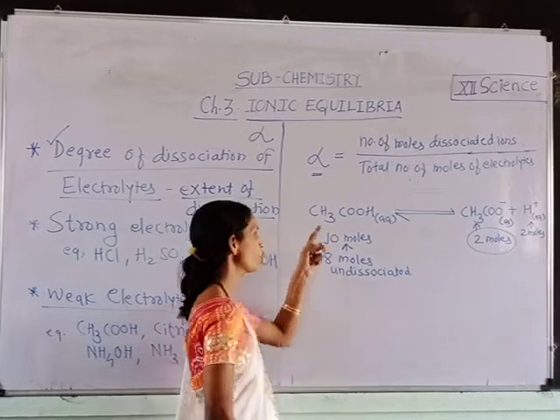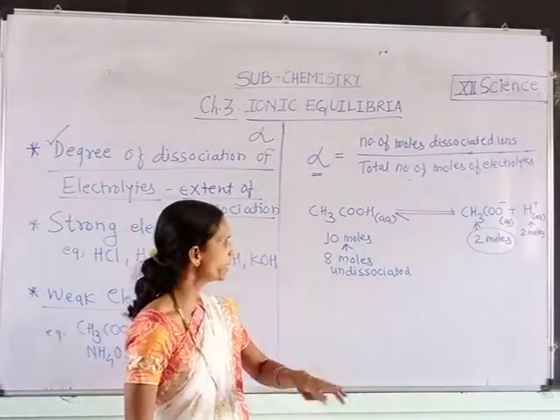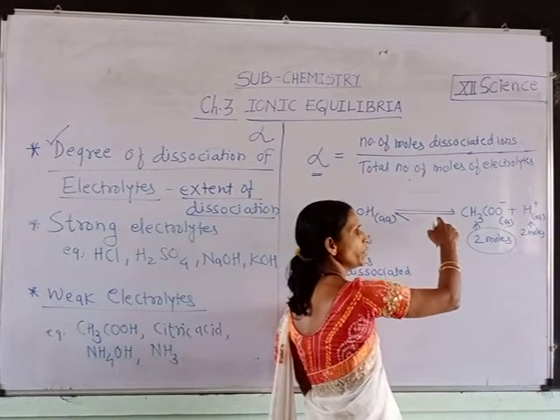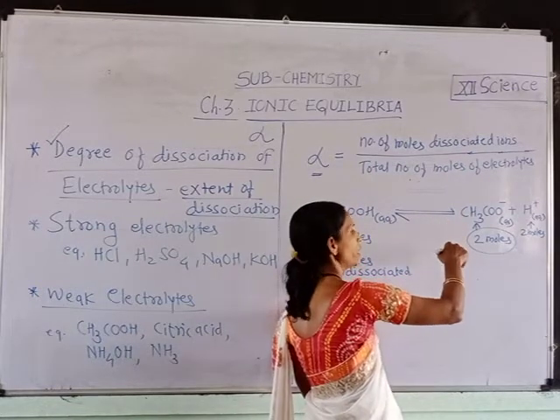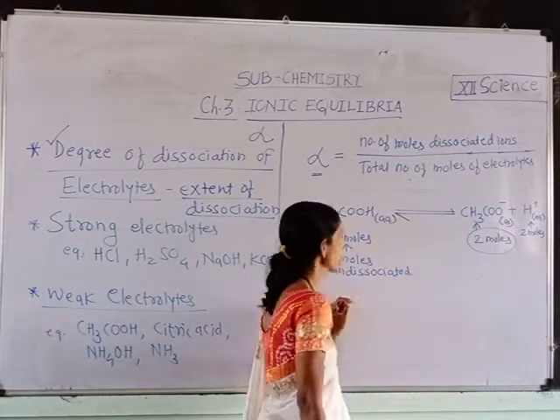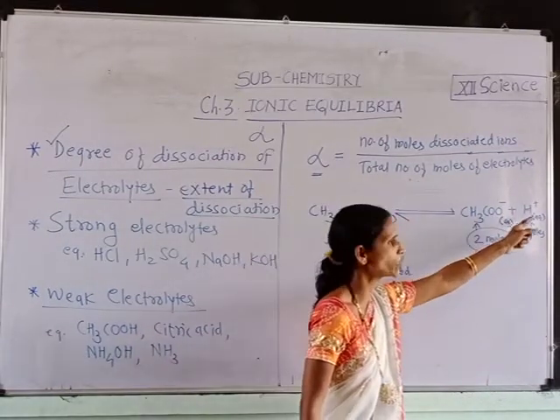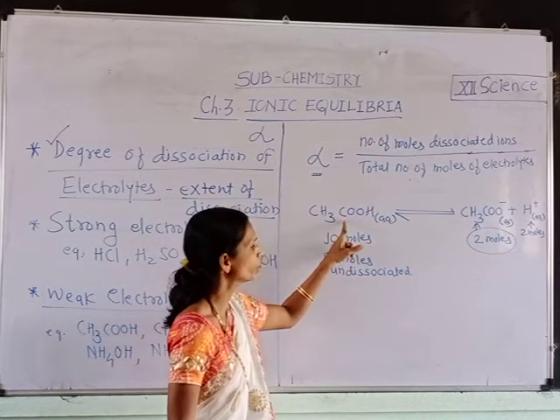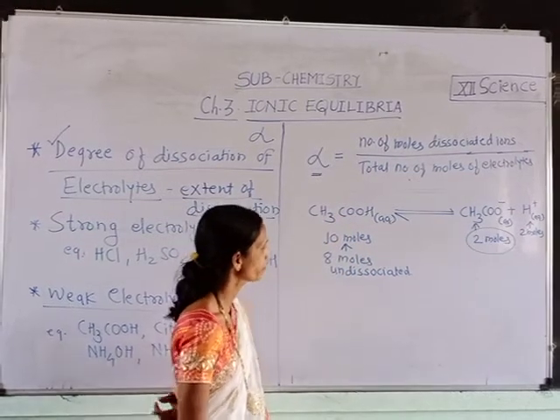Here 8 moles of acetic acid remain undissociated, and ionic equilibrium is attained between the dissociated ions, that is CH3COO minus and H plus, and the undissociated molecules of acetic acid.